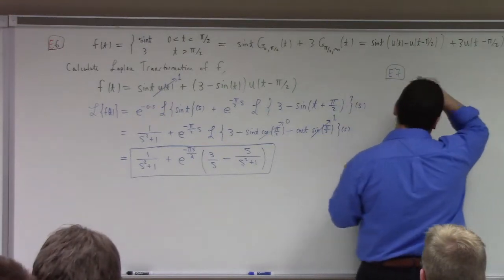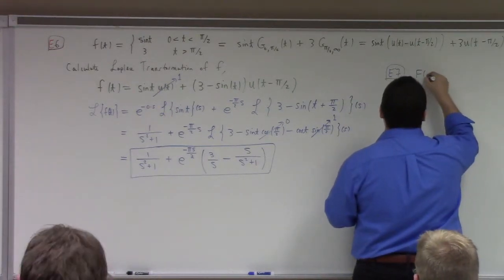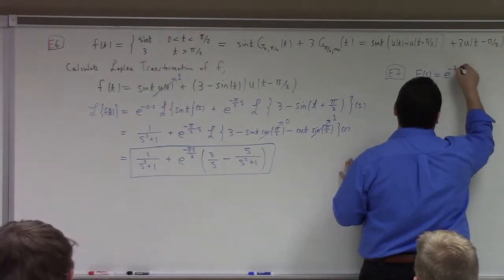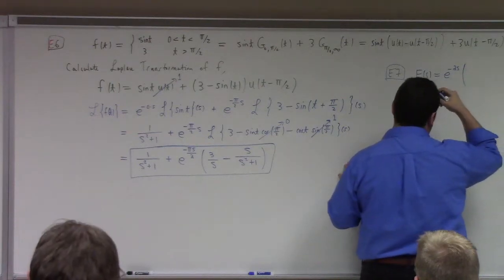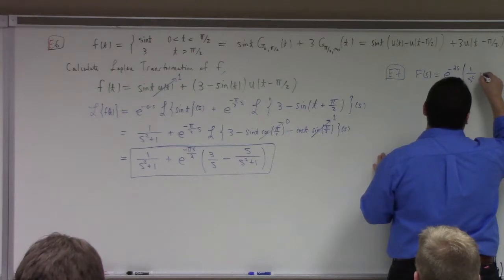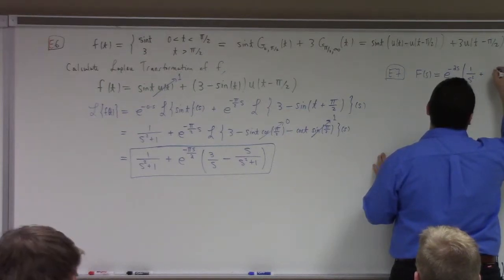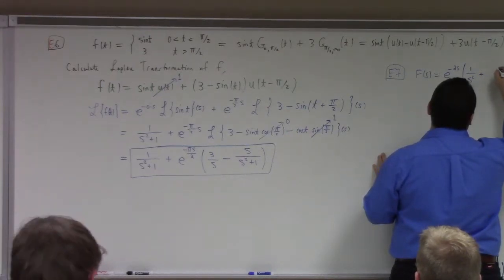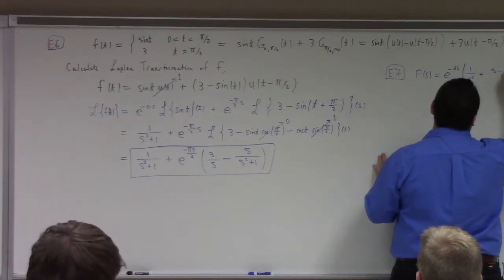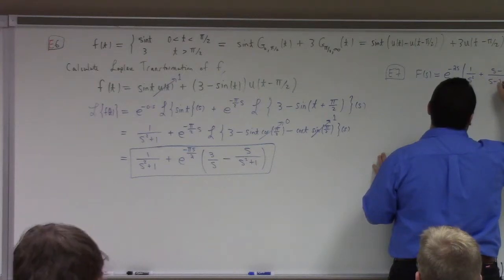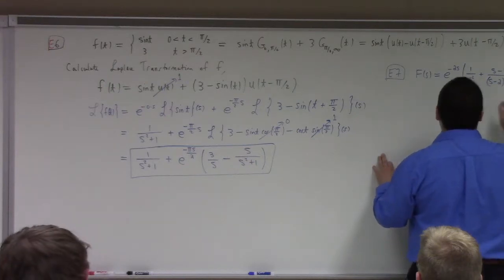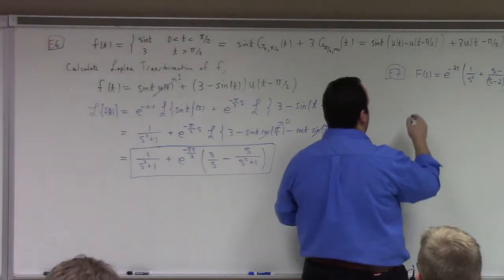If I have F of s equals, let's say, e to the minus 2s times, I don't know, 1 over s squared plus (s minus 2) over (s minus 2) squared plus 49, I can say, what's the inverse Laplace transform?